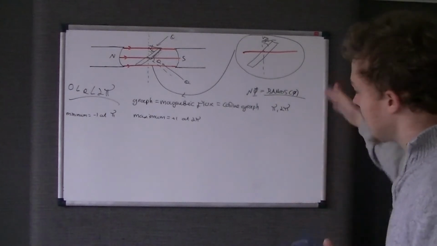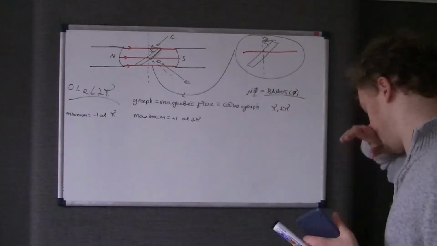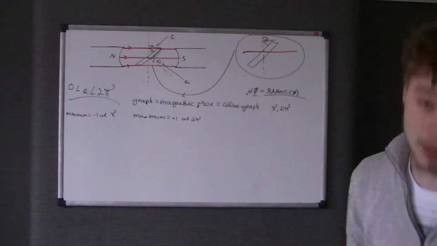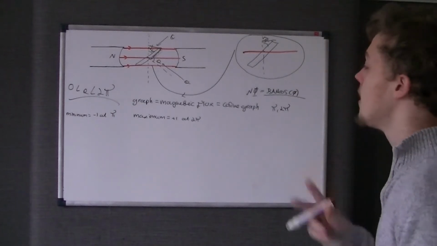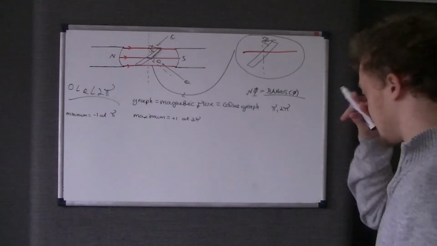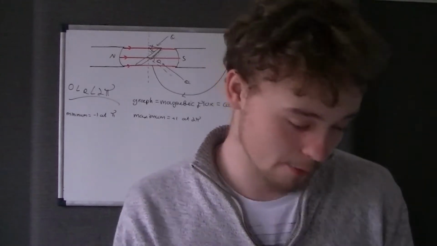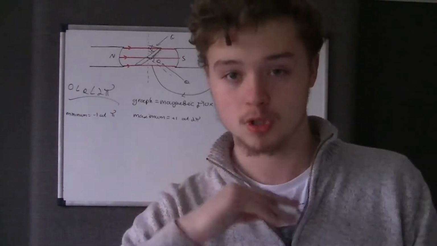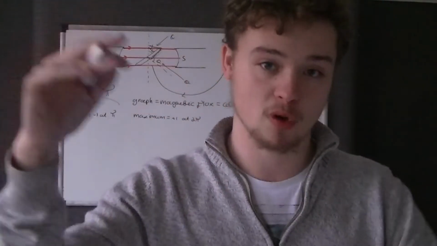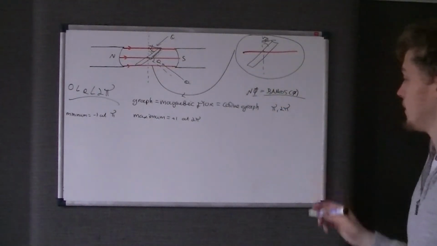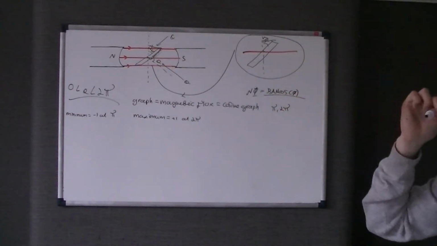We apply it to this total magnetic flux linkage. So if the cos is a maximum, then the whole thing is going to be a maximum, because we can only multiply it by +1 or -1 or somewhere in between. The positive one and the negative one give the most extreme answers.